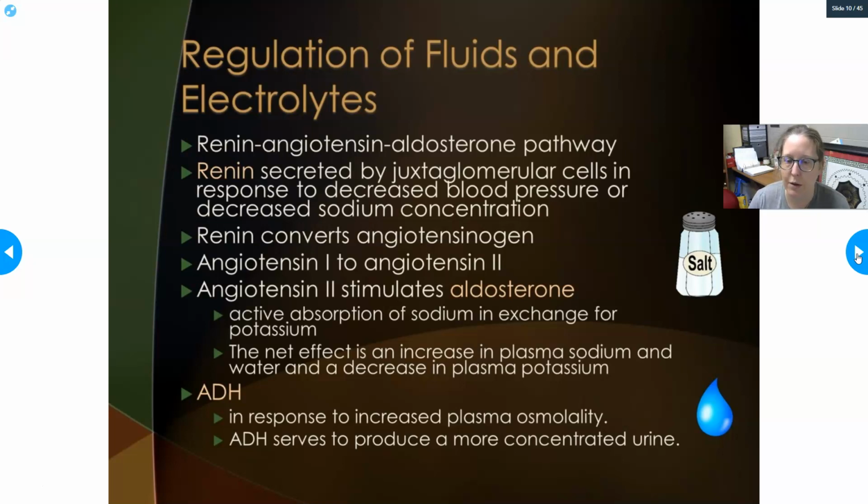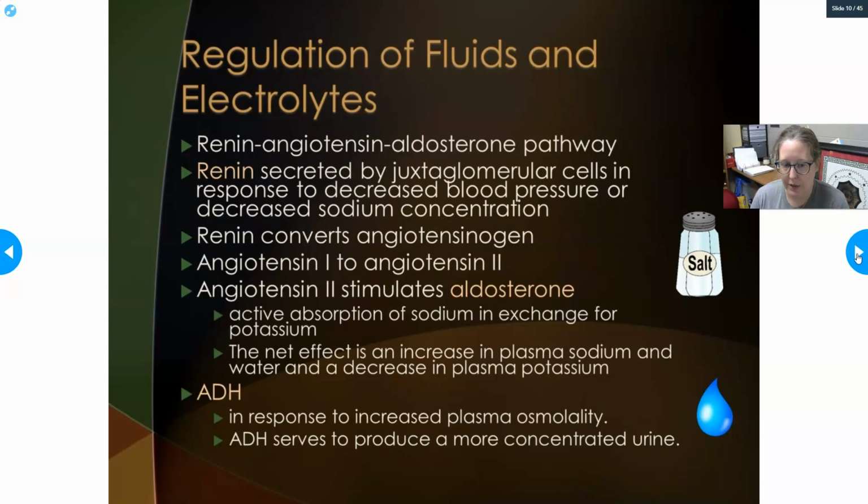And when it moves sodium, chloride follows it because it's its negatively charged buddy, and water follows sodium also. So as it moves sodium, it'll move water. The net effect of that is an increase in plasma sodium, a decrease in potassium, but also an increase in blood pressure or water volume in the blood.